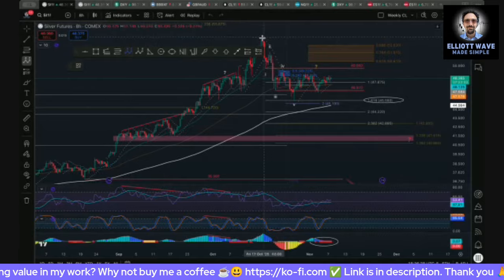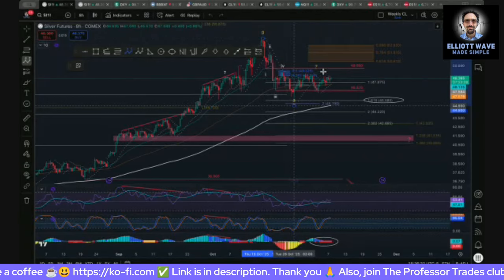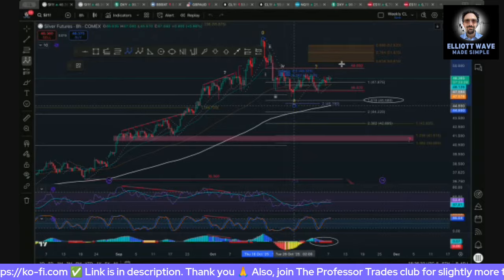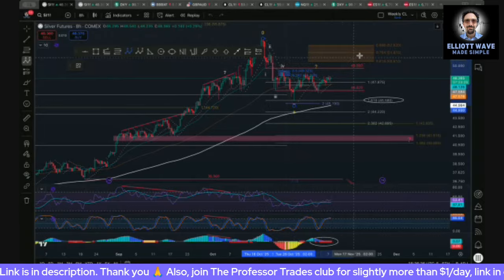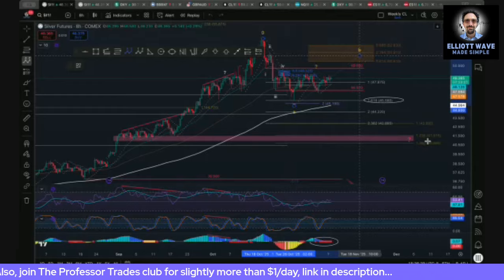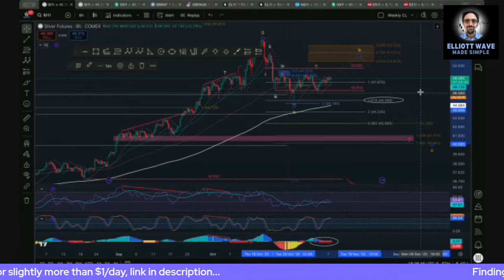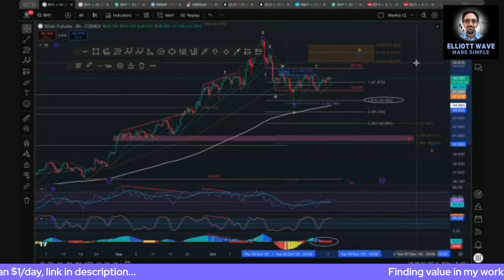This is just a bigger correction, where this could be an A wave, and a B wave really should come up at least to the 618, but a great majority of the time you're going to see a B wave come up and exceed the 618 and get into the zone of, or at least approach, the 764 or even the 886.